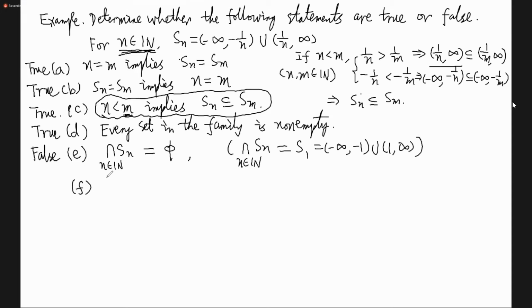So let's look at F. For any n in N, 0 is not in the intersection of Sn.